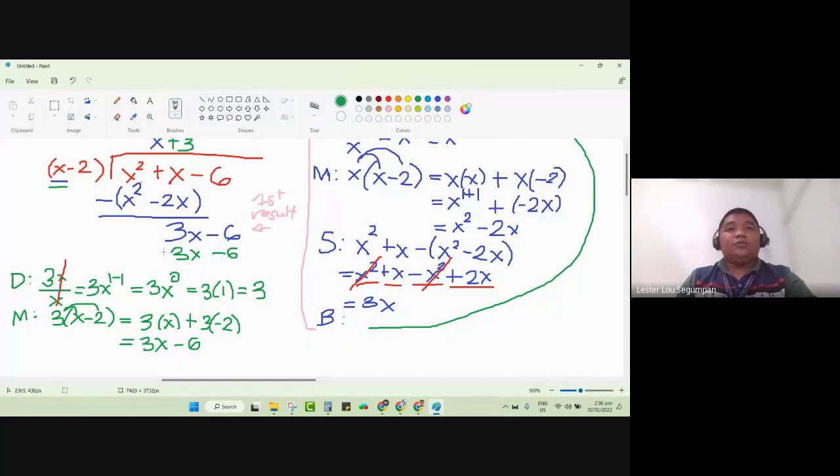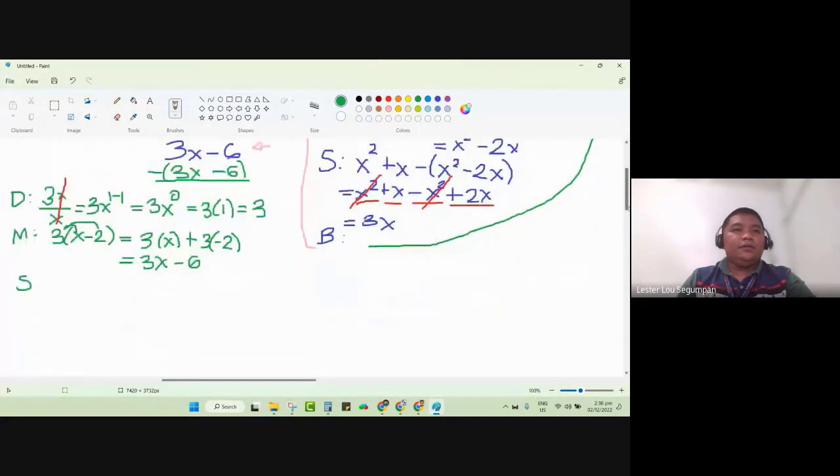but just to make sure, if we are going to subtract, we are going to subtract the entire expression, and whatever the result is will be placed here. That's the process of subtraction, right, which is 3x minus 6 minus the entire expression 3x minus 6.